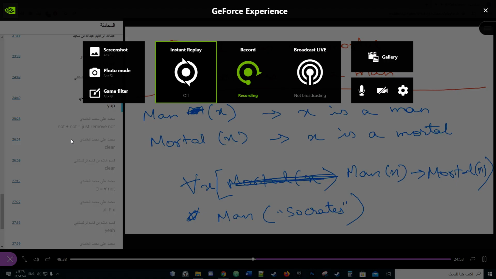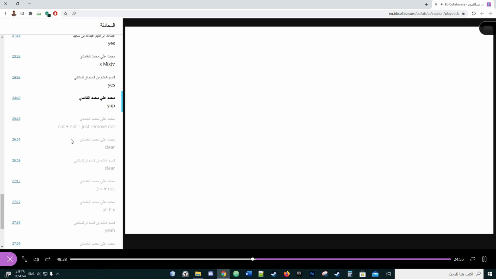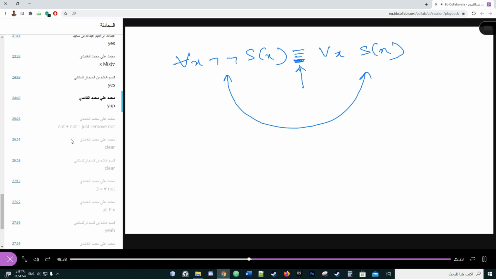Okay, so let's move on. Slide number 23 basically says if you have something like this, it's equivalent to this. So we still use the same symbol of equivalence.